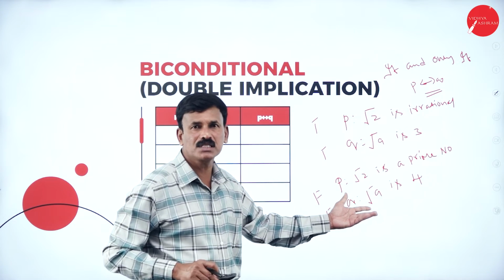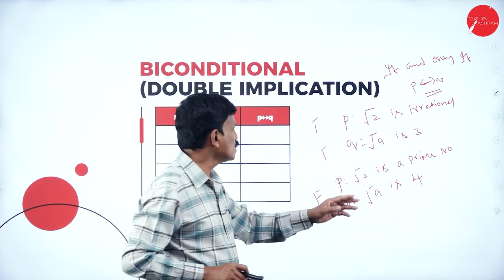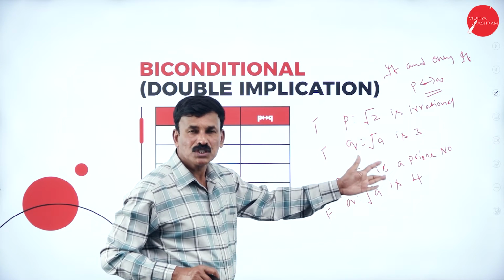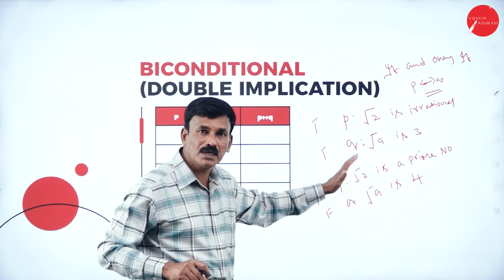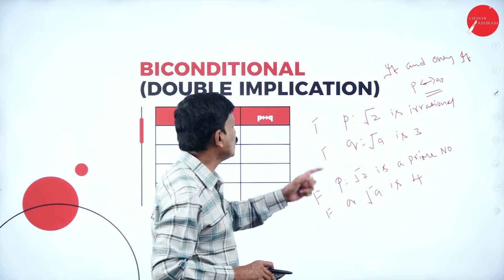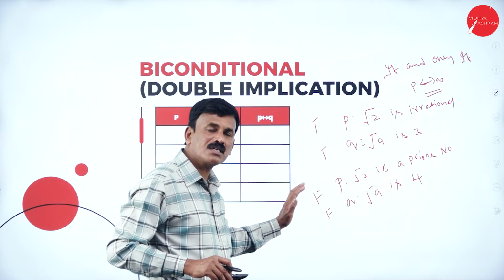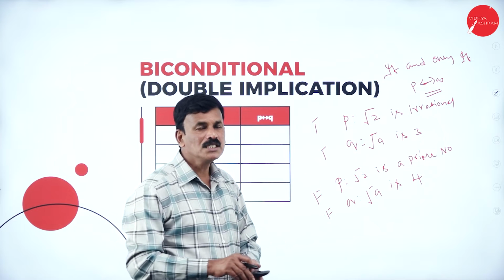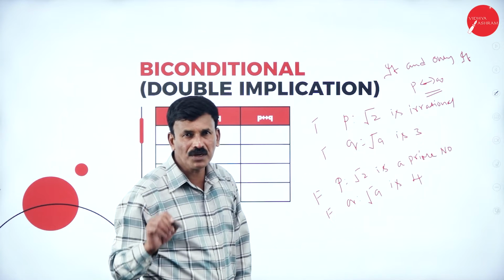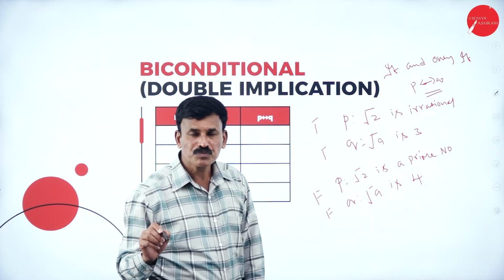Since both statements are false, the compound proposition is true. So, both statements true, or both false, then it is true. That means, if the statements have the same truth values, T and T or F and F, then the compound proposition biconditional is true.